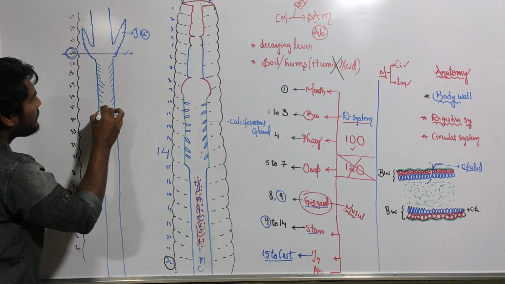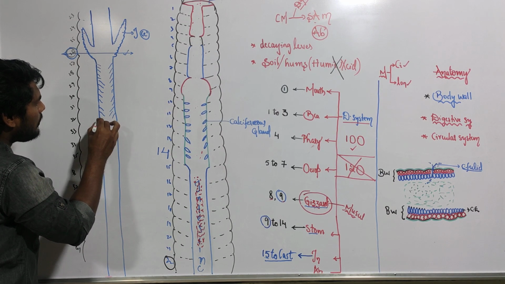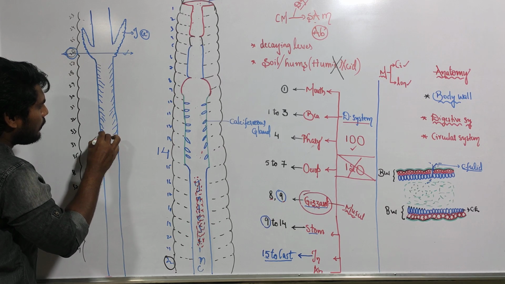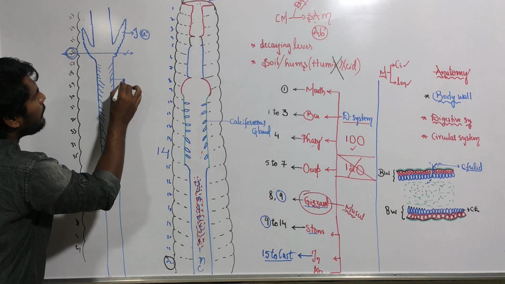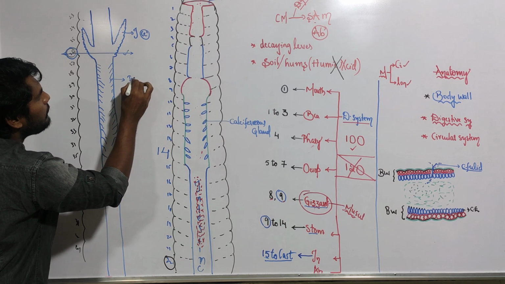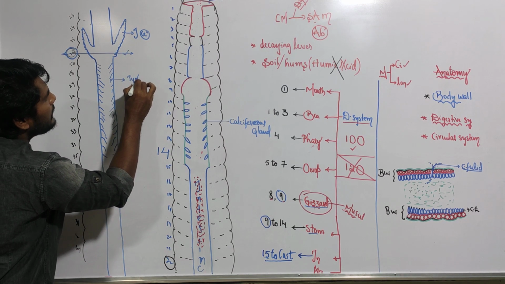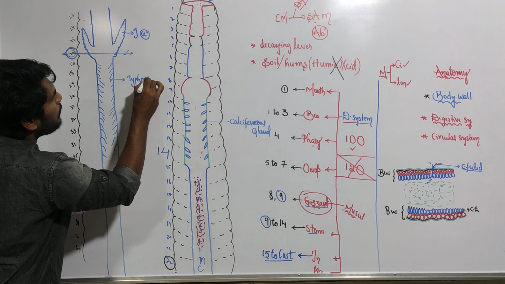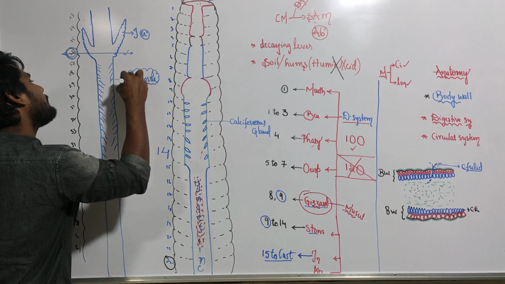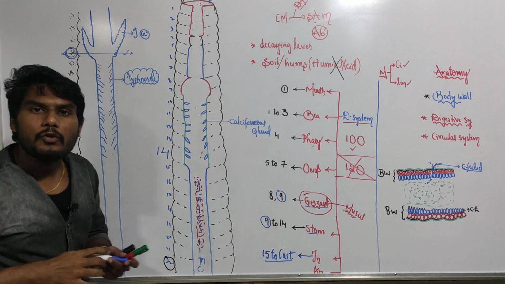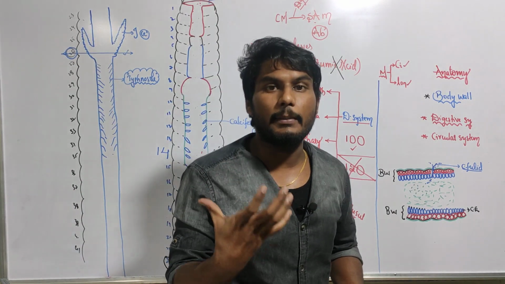Like this, there is a presence of infoldings. All these are the foldings. These foldings I call typhlosole. Important. Typhlosole. The typhlosole starts from which segment?